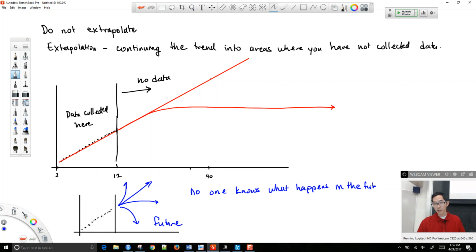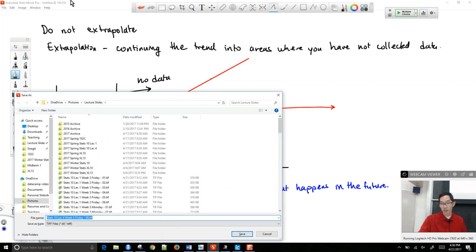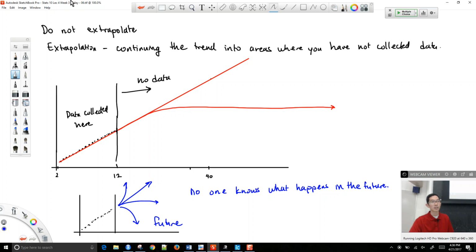And so even though something has held true for the past however many years, 10 years, 20 years, it may or may not necessarily hold true for the future. There's Moore's law, for computers, that every however many years, the number of computations we can perform doubles.